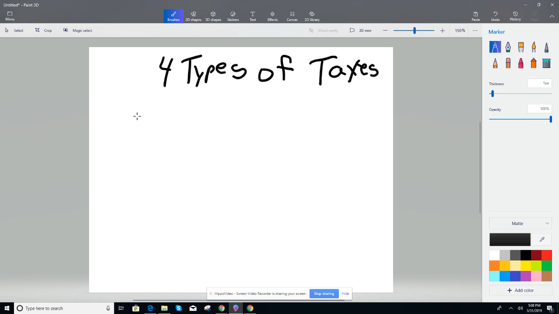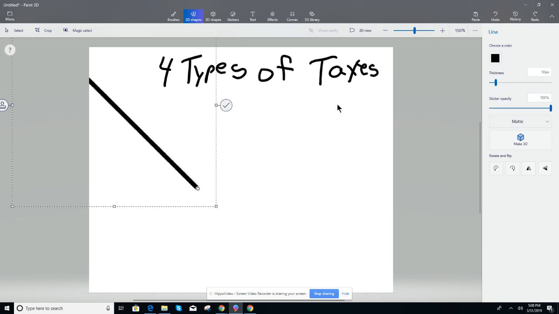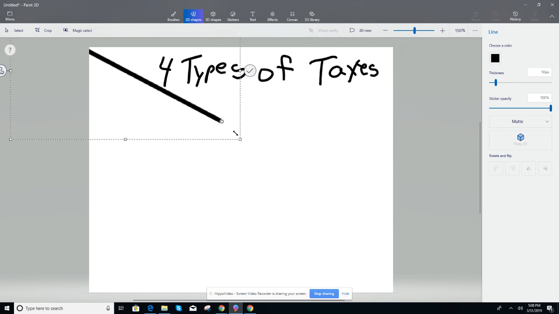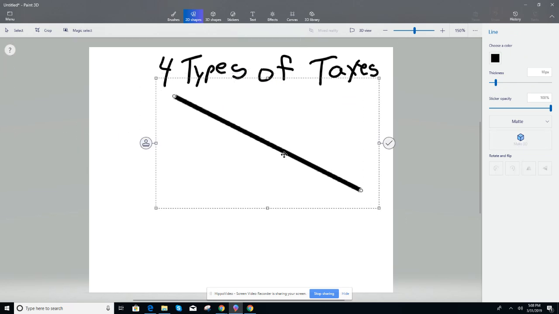So first things first, we're going to draw a bracket. Let's do, can I do a line? Yes. You're going to draw a line, and can I rotate it?